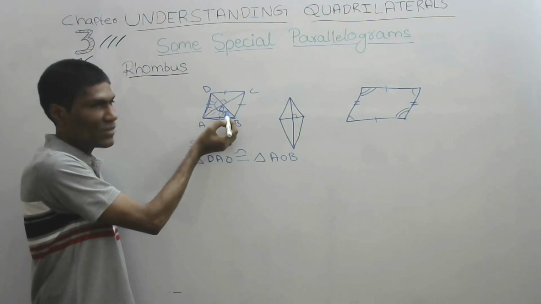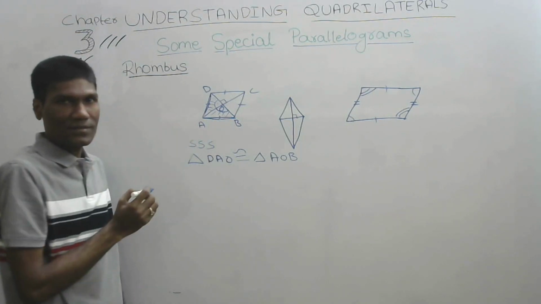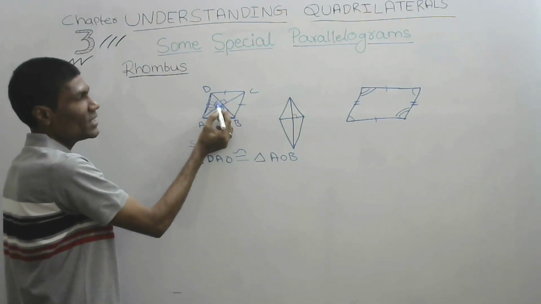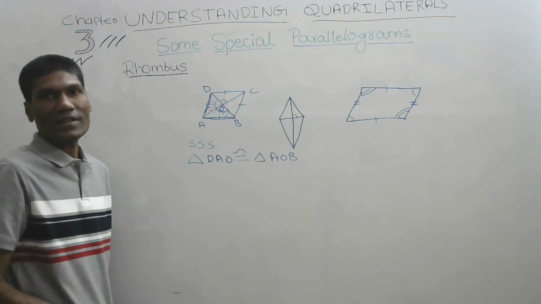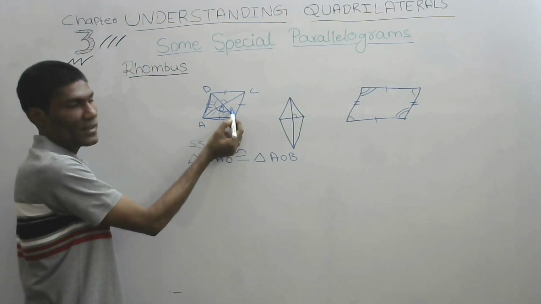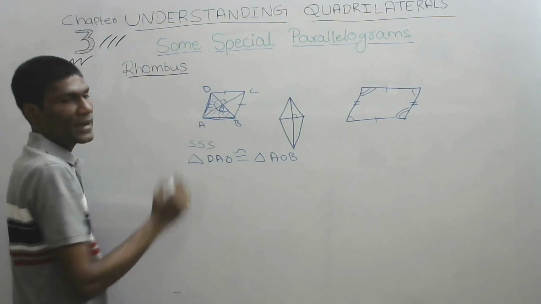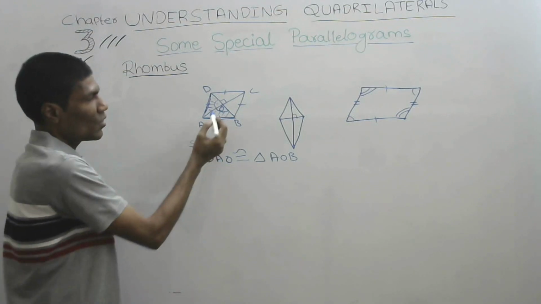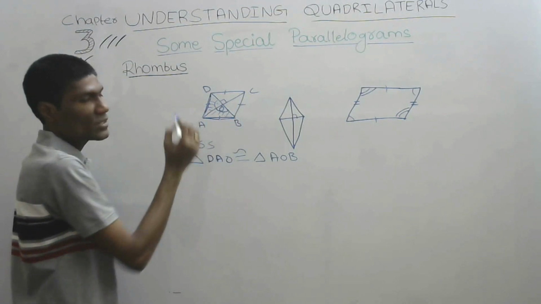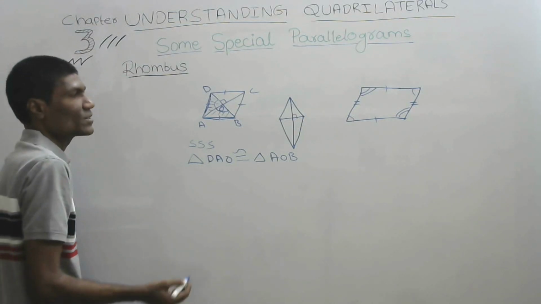Simple. Total is 180. Both are equal. So, it will be 90 and 90. Similarly, by taking the other two we can say 90, 90. So, all are 90 degrees. So, we will say diagonals are perpendicular bisectors.